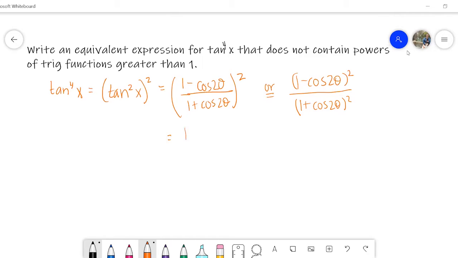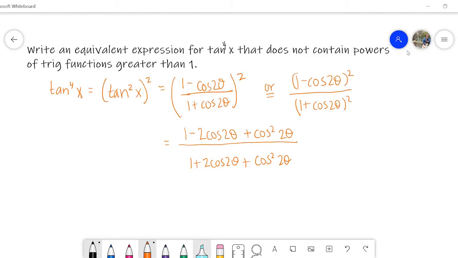You'll have 1 minus 2 cosine 2 theta plus cosine squared 2 theta all over 2, all over 1 plus 2 cosine 2 theta plus cosine squared 2 theta, okay?